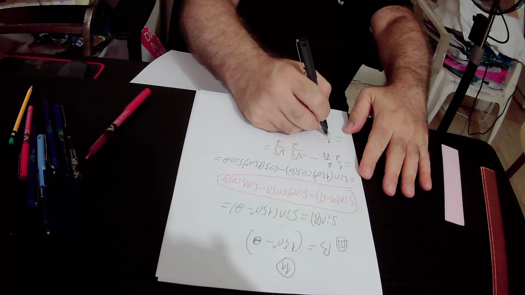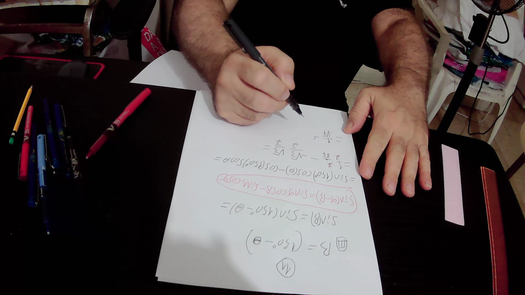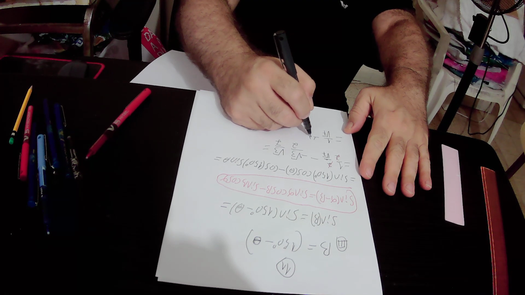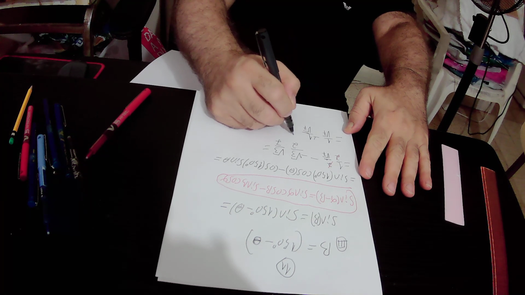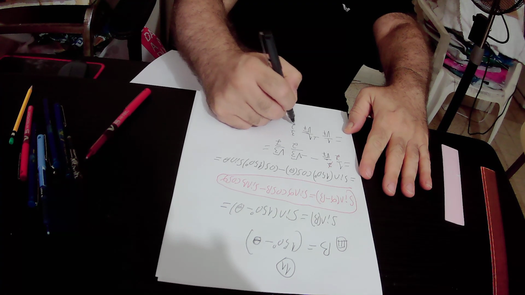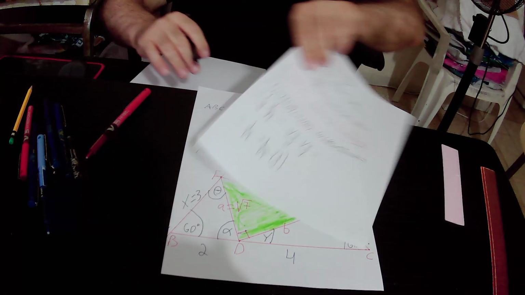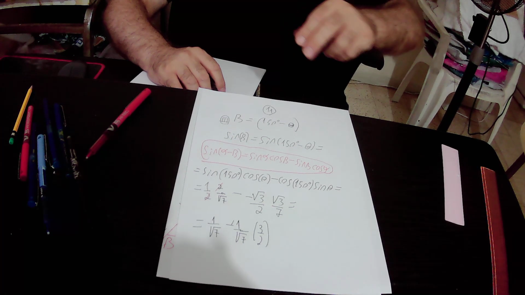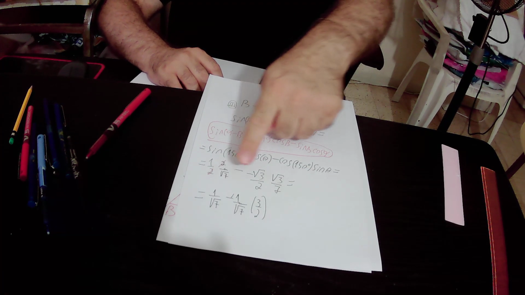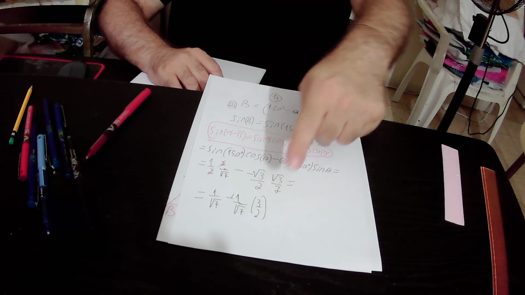One over root 7 plus 1 over root 7 times 3 over 2.